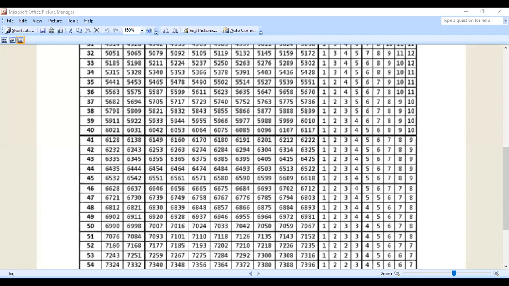So now therefore it is equal to 1 plus, we will calculate 3.322 into 1.6990.